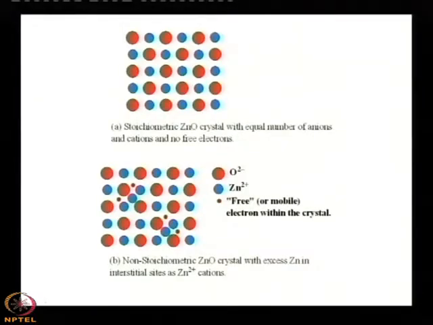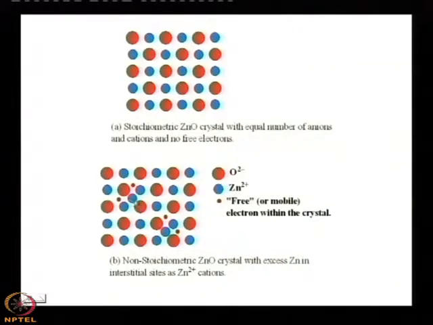Now, when there is an excess amount of zinc in the crystal, zinc is a cation. So, you see that this zinc cation is there in the interstitial position.